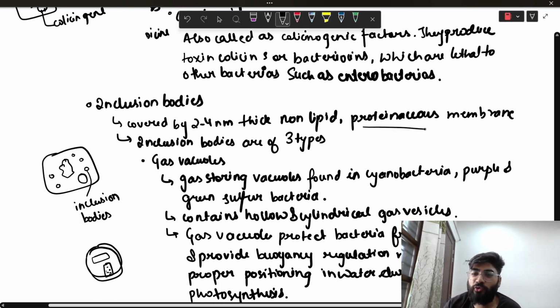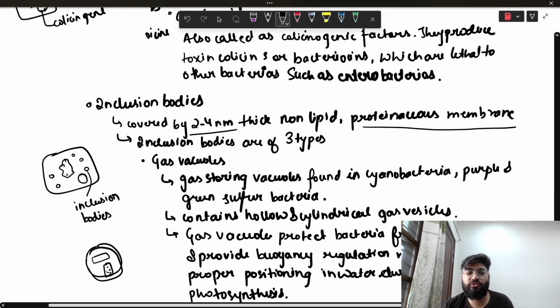This is a proteinaceous membrane, 2 to 4 nanometers thick. This does categorize them inside prokaryotes, and prokaryotes can have inclusion bodies.